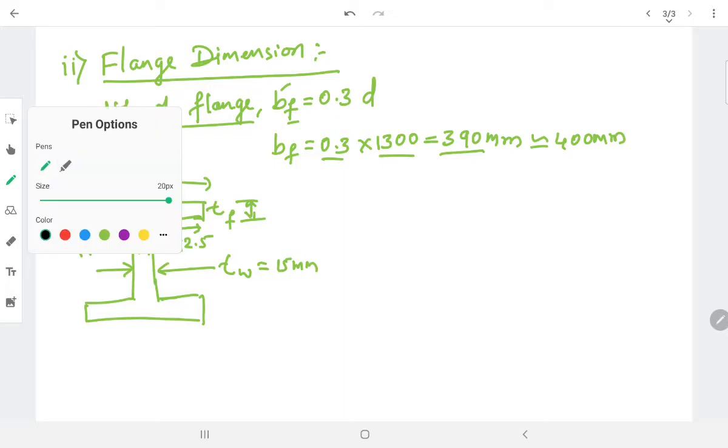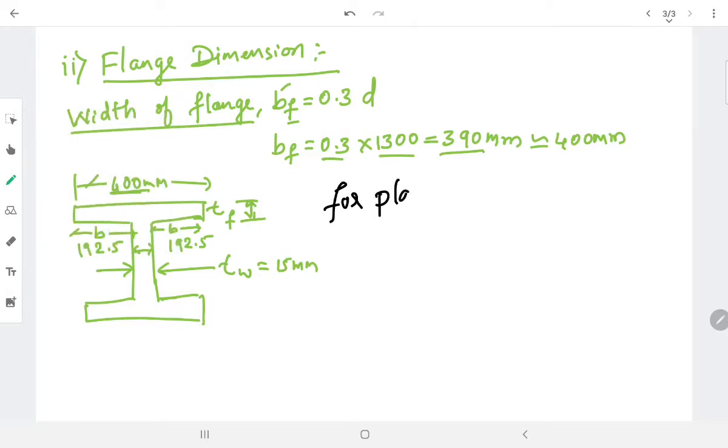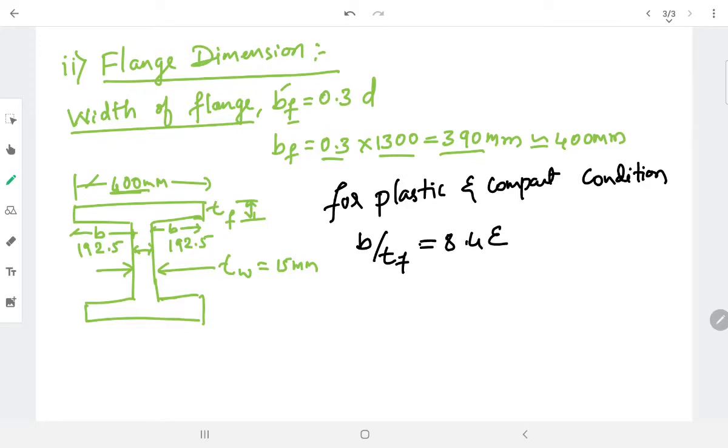Now we'll calculate the thickness of the flange, that is for plastic and compact condition. B divided by tf is less than 8.4 epsilon and 9.4 epsilon. So values you can take in between these two, and it is there in table 2, page number 18 of IS 800.